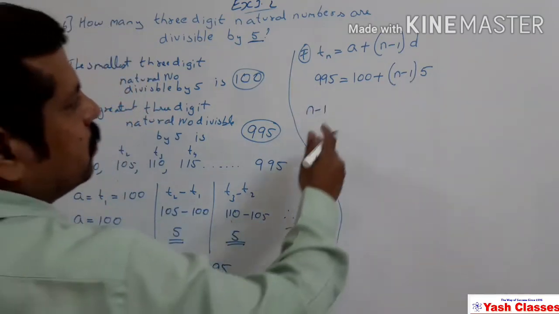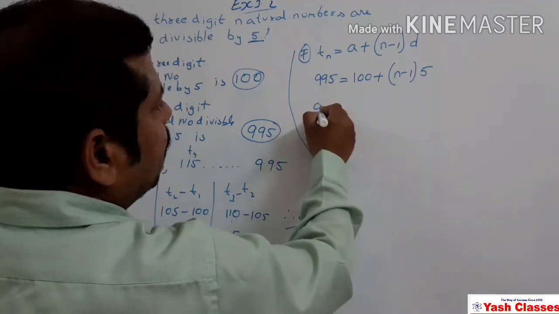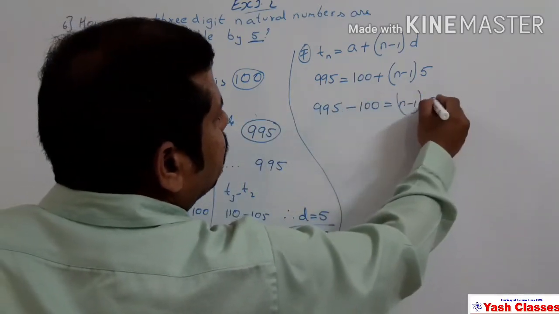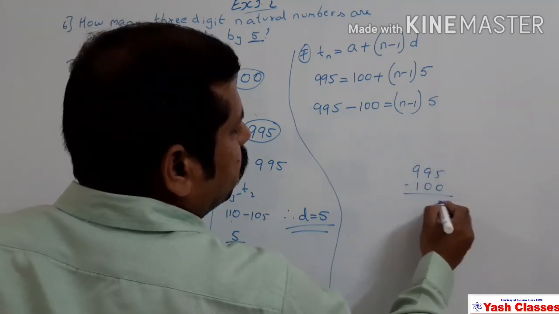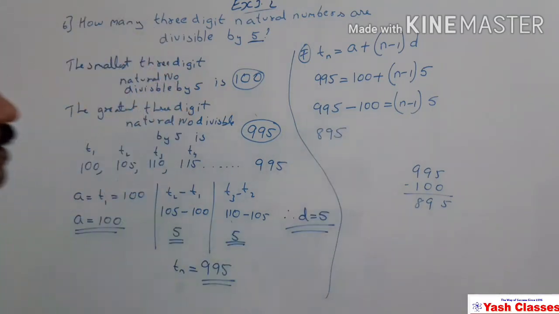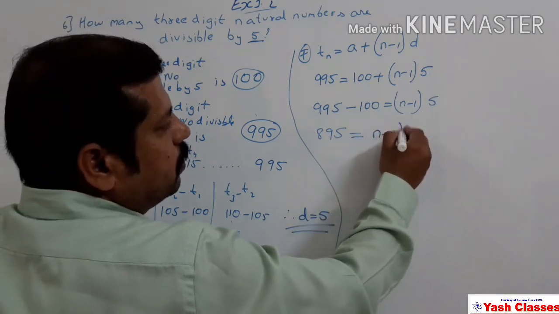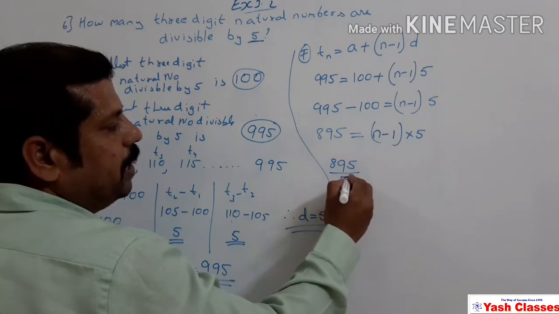n minus 1 is equal to, see here, first if you take this 995, 100 bring here, it will become minus. 995 minus 100 is equal to (n minus 1) into 5. 995 minus 100 is 895. 895 is equal to (n minus 1) multiply by 5. 5 bring here, it will become division.